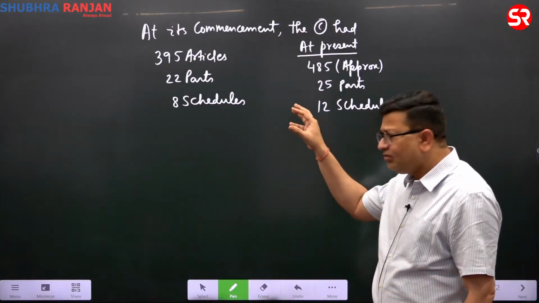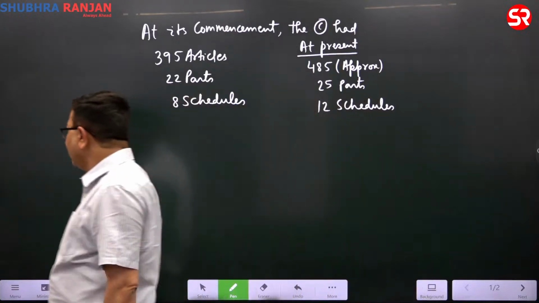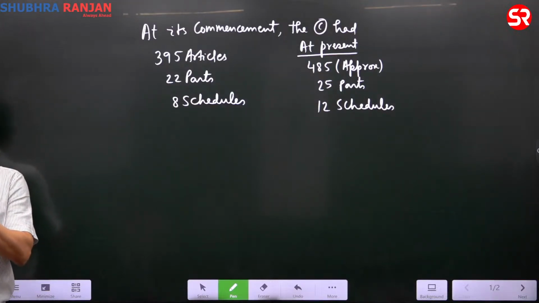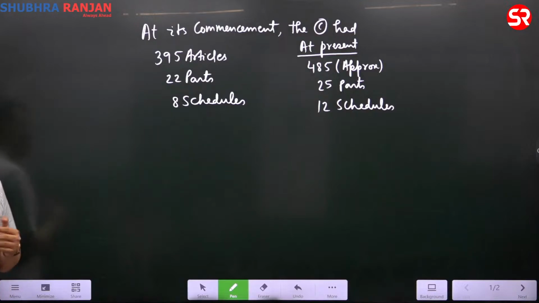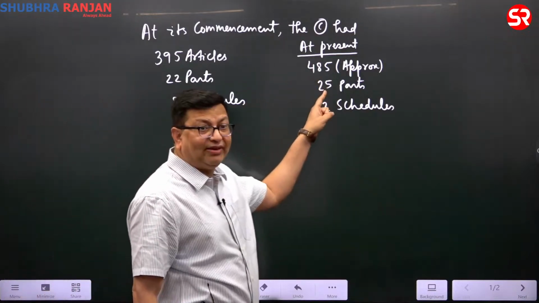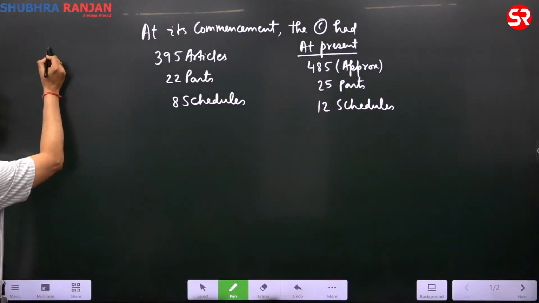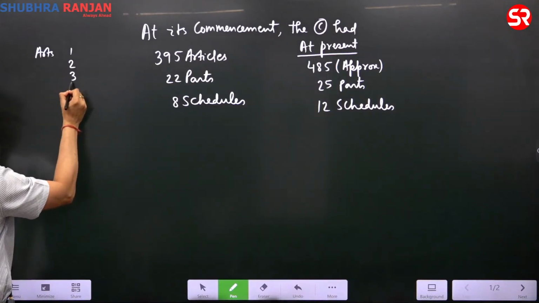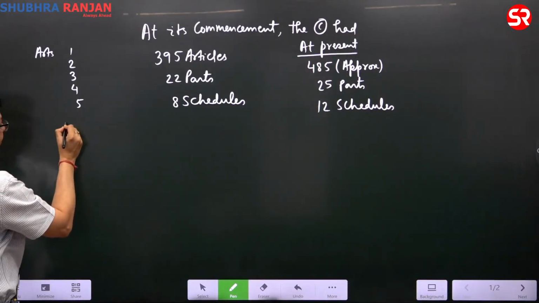Then coming to the articles: the last article of the constitution is numbered 395, even now. But why do we say that we have approximately 485 or 490 articles? You see, the articles are written like this: 1, 2, 3, 4, 5. You will find such numbers.